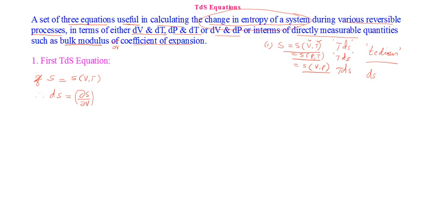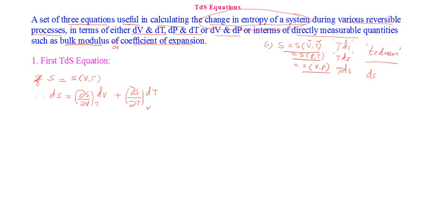So dou s by dou v at constant temperature times dv, plus dou s by dou t at constant volume times dt. So this is the result.